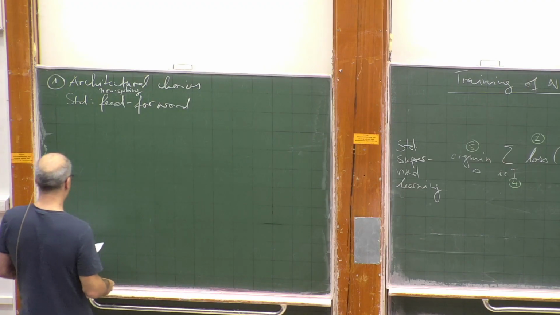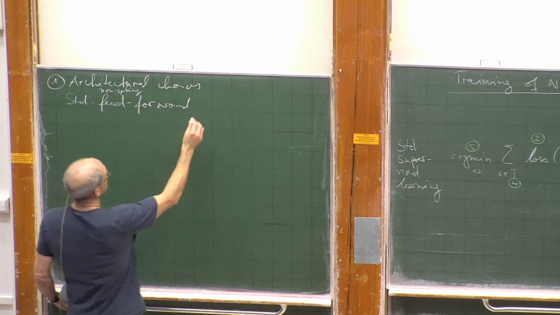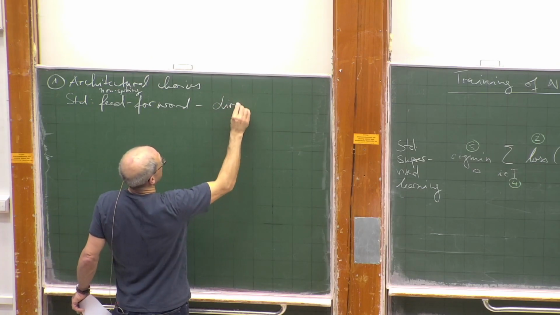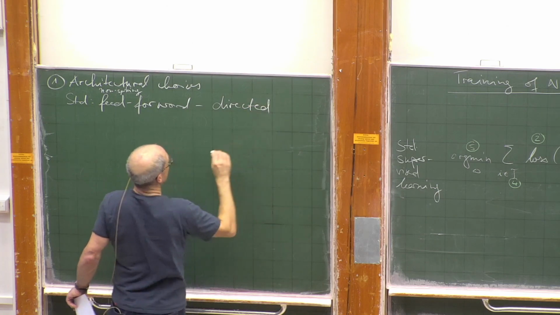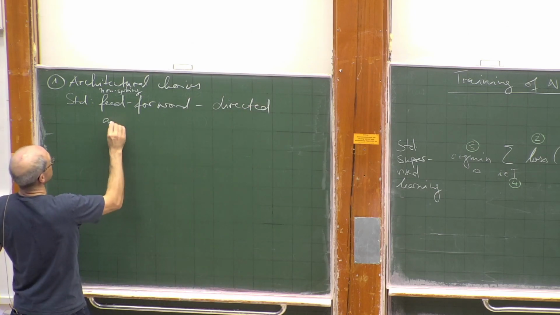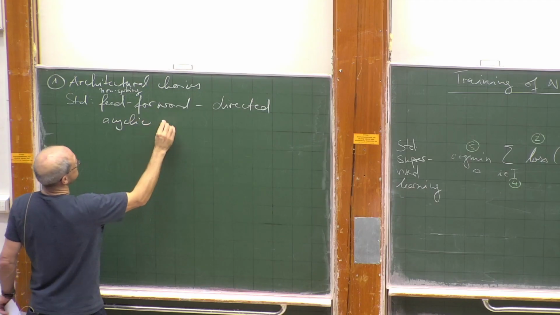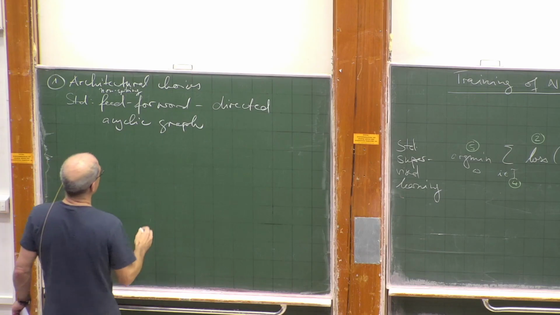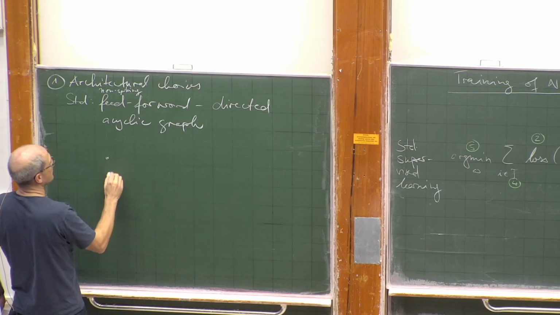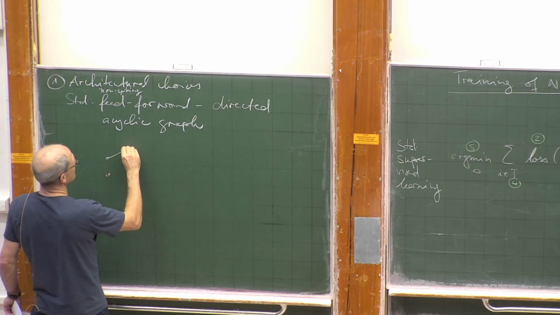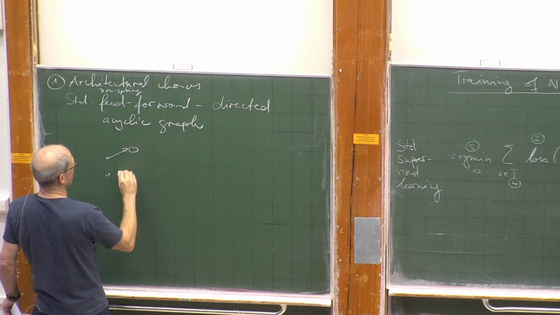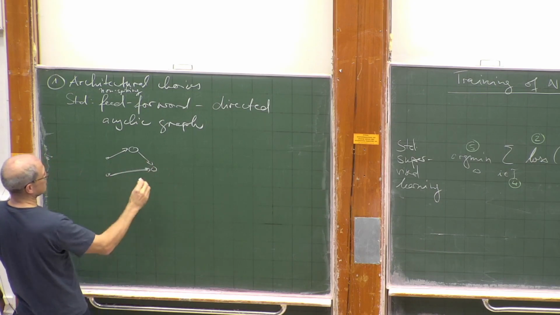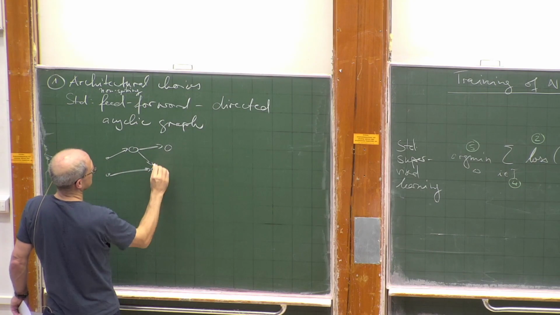And by feed forward, what this means is that we have a directed acyclic graph describing the flow of information. So what that means is that we can have cycles in the undirected sense. Right?